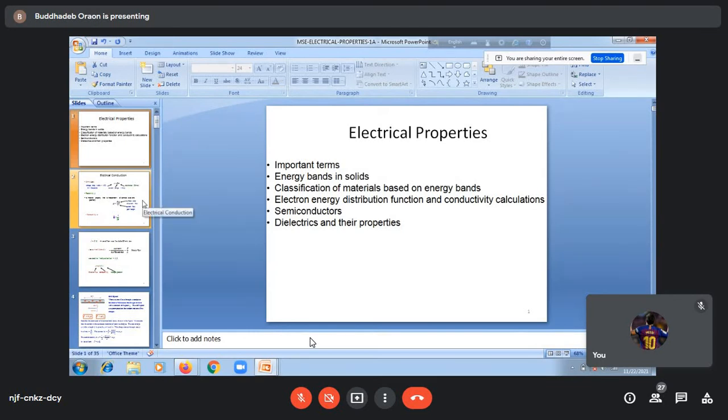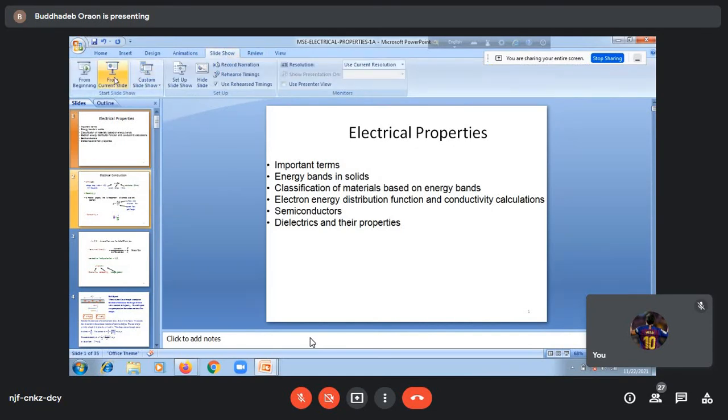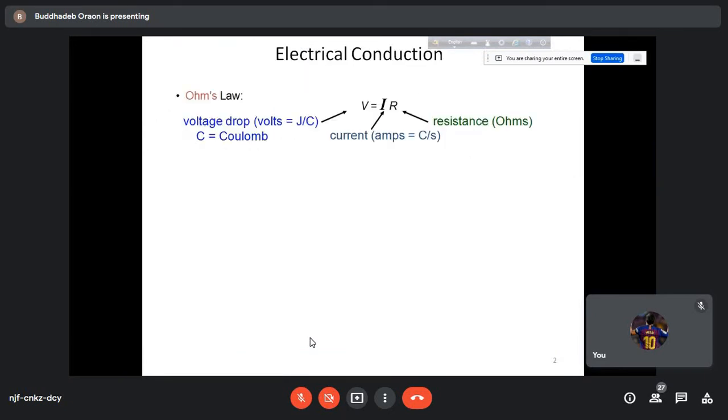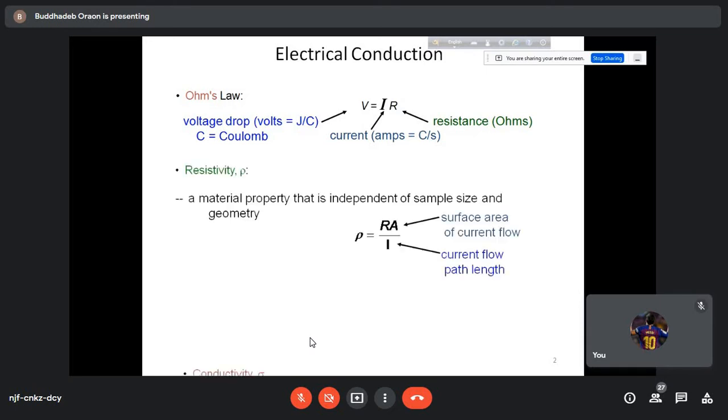Now, some of the slides I'll just go fast because you know all this. Like the next slide. Electrical conduction, you know these basic laws, Ohm's law and all that you have studied at plus 2 and also at your higher level.